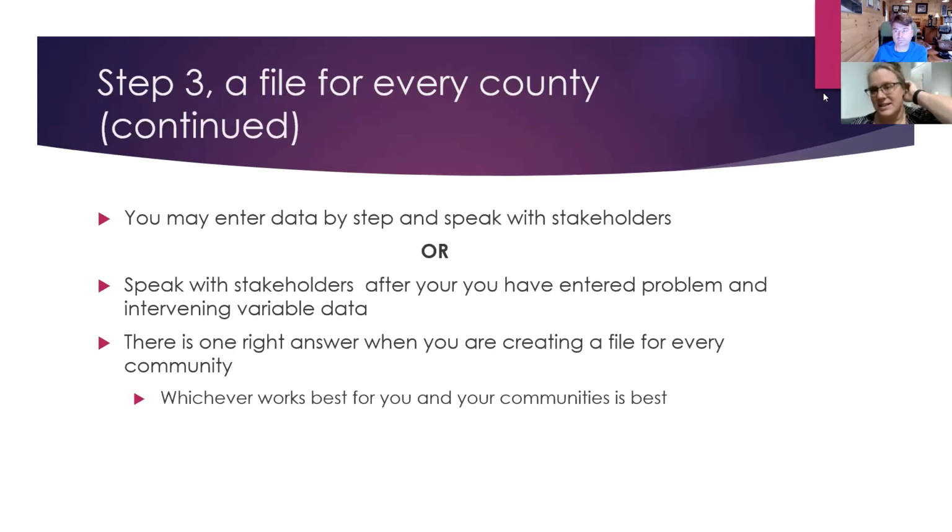Because if it's not, you might have to go backwards and do that again. But if you're confident in that ranking of your problems, you only need to do intervening variables and capacity for those big problems in your community.